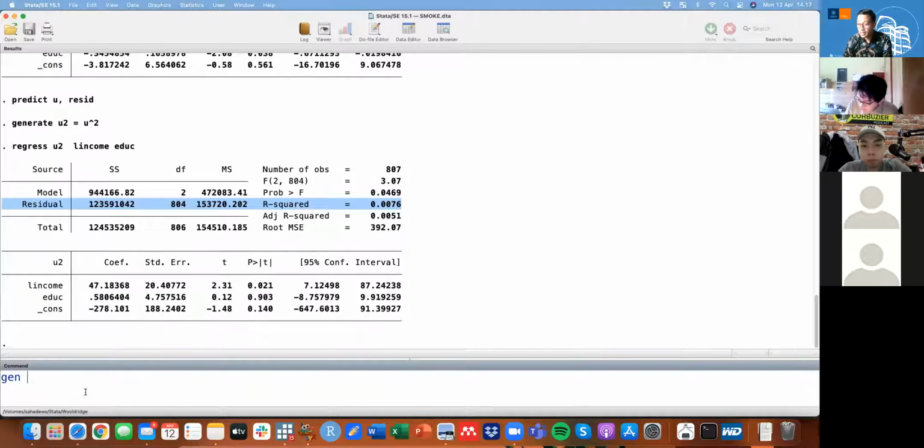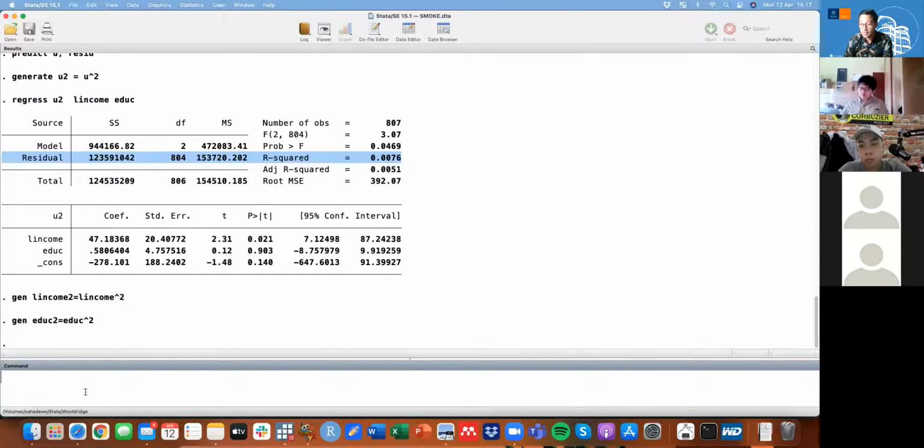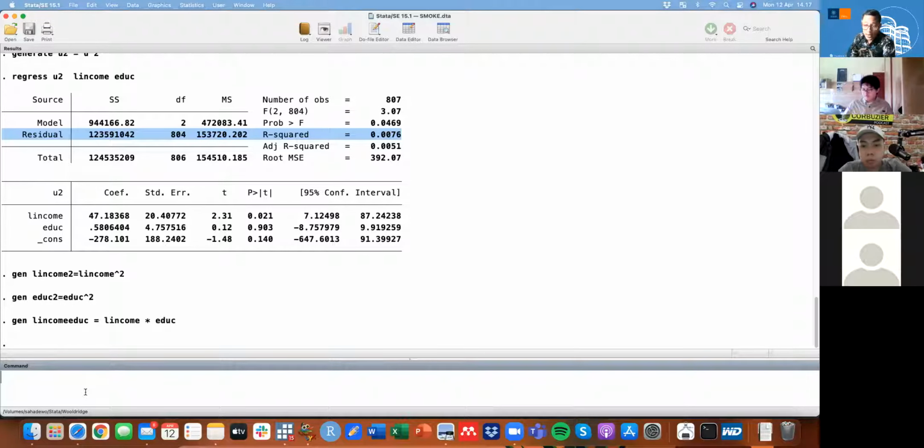So I'm going to generate log income squared, which is the square of the log income. I'm going to generate education squared, which is the square of the education. And I'm going to generate an interaction variable between log income and education, which is just log income multiplied by education.